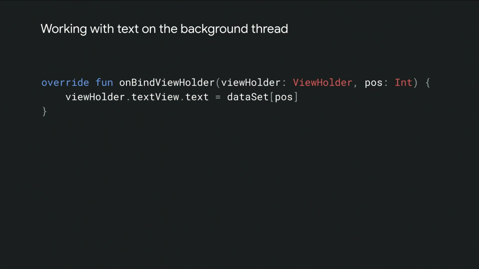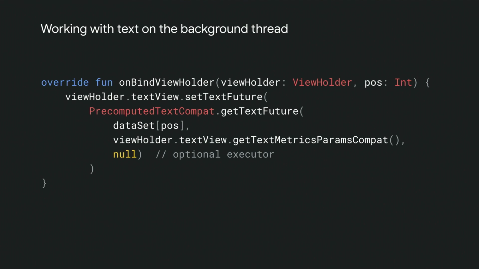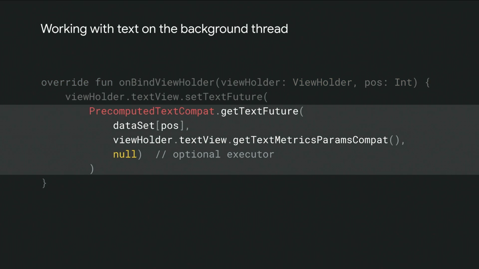When you write an application with RecyclerView, you may set text in the onBindViewHolder callback, like this. Then, if we move the text work to a background thread, the code looks like this. Let's see line by line. First, let's call getTextFuture.